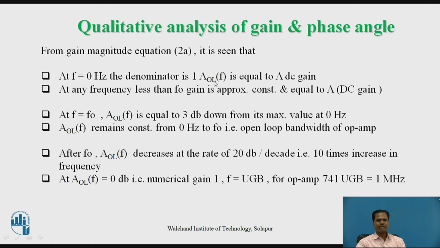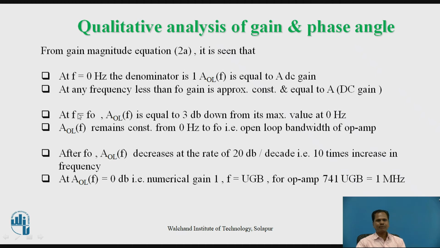So the open loop gain as a function of frequency is equal to the value of the open loop gain, that is, the basic DC internal gain of the operational amplifier. At any frequency less than FO, the gain is approximately constant and equal to the open loop gain of the operational amplifier, that is, the basic DC gain.